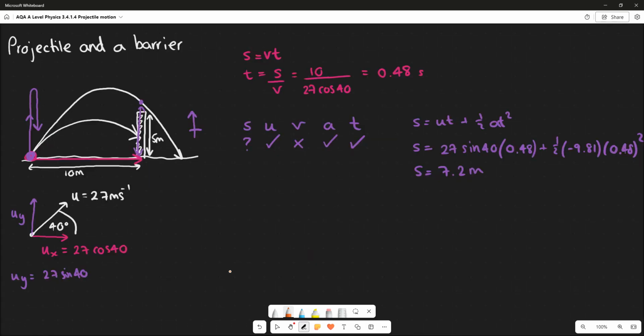Drag will also affect projectiles, but we don't study that at this level. So if you have calculated that a projectile fired is going to just about make it over a barrier, then you may want to consider the fact that drag will be slowing down this projectile throughout its journey. And the real path of a projectile is likely to be slightly less than what you have calculated.